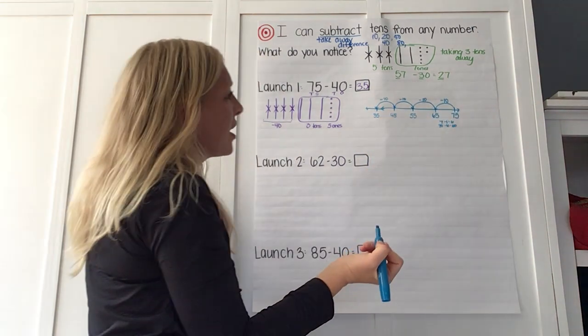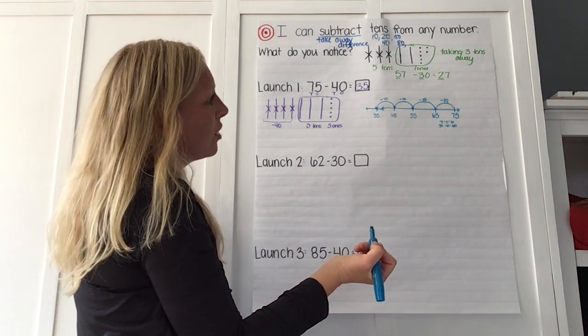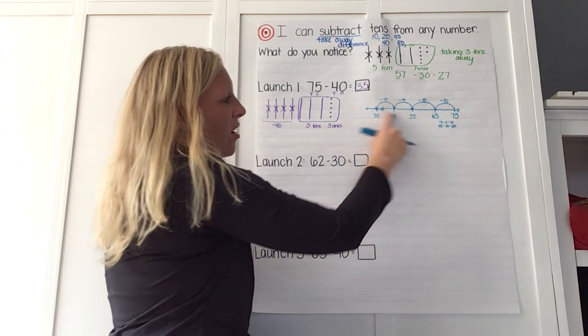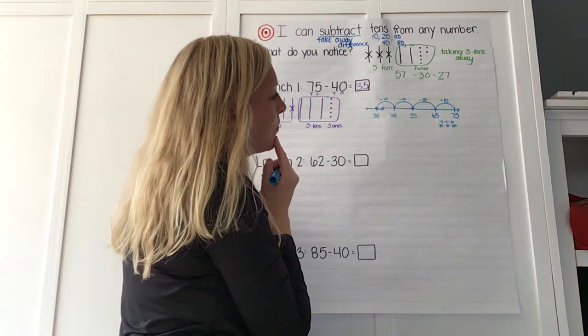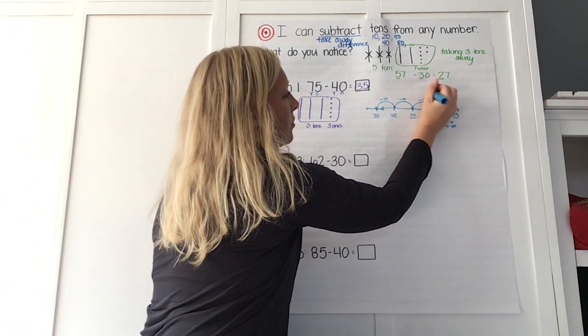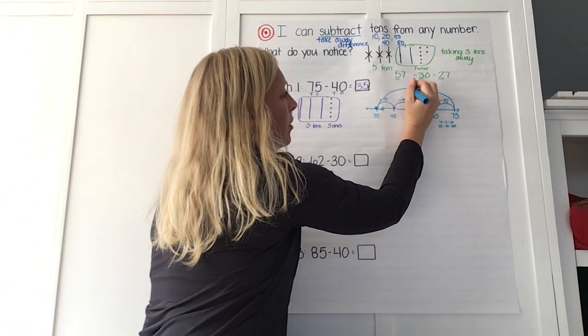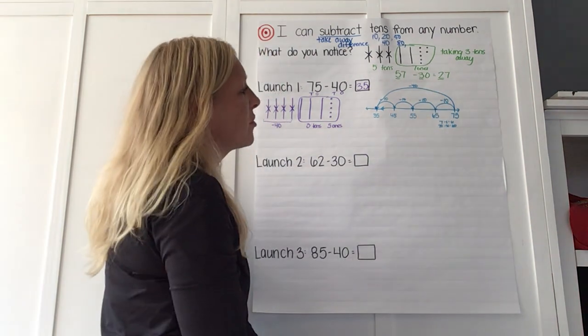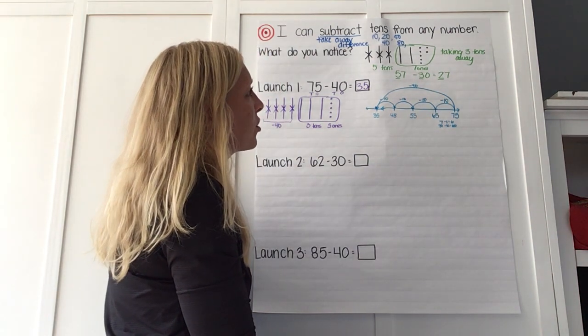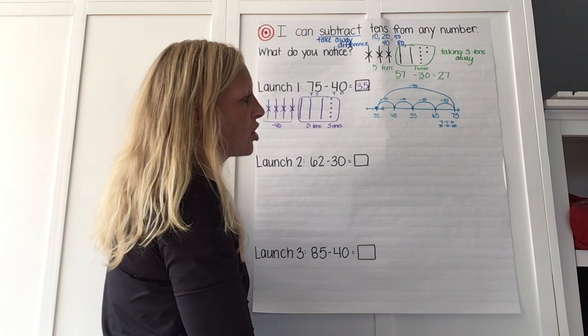And so where is your 75 in your picture or in your model? It's the 75 here and then all the numbers before that, okay? And where is your 40 that you took away? You took away the 4 jumps of 10 and there's your 40. And then where is your difference or your answer to your subtraction problem?